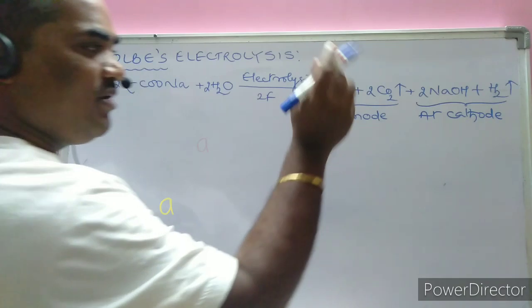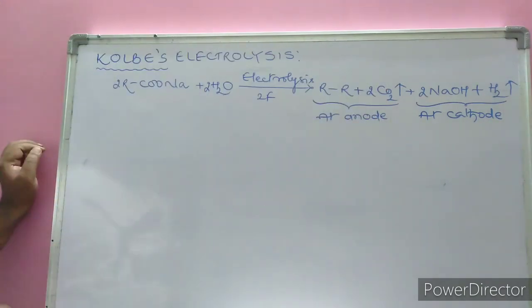Cathode, hydrogen gas is liberated; anode, carbon dioxide gas is liberated.